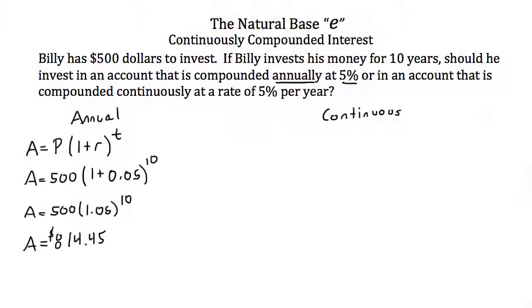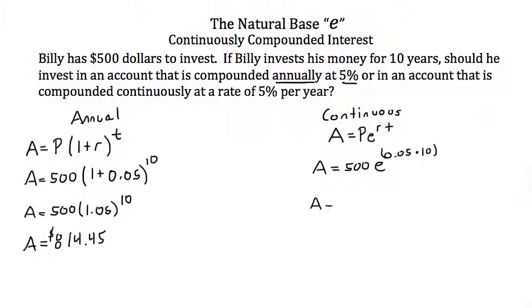So now let's look at the account that's compounded continuously. Here we're going to use the formula A is equal to P times e to the rt. Our amount is equal to our principal, which is 500, times e to the 0.05 times 10 power.